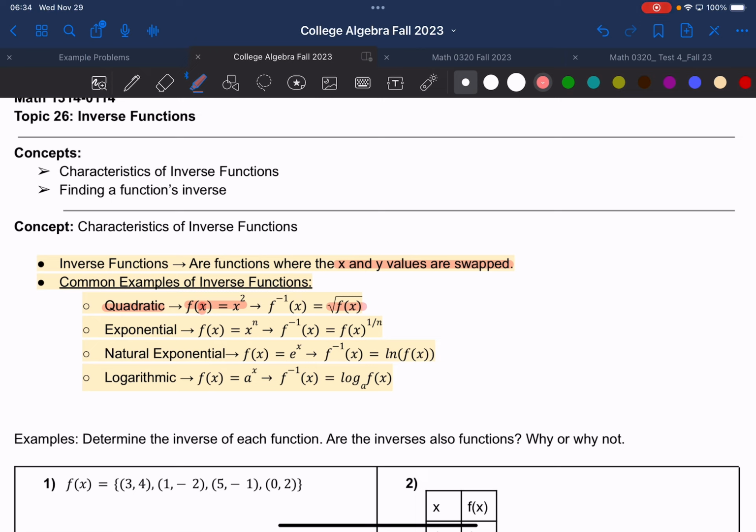Remember, f of x is the same as saying y, so the square root of y. For exponential, remember that was f of x is equal to x to the n power, where n is any numerical exponent. The inverse of that would be f of x to the 1 over n power. So again, f of x is y, so that would be y to the 1 over n power.